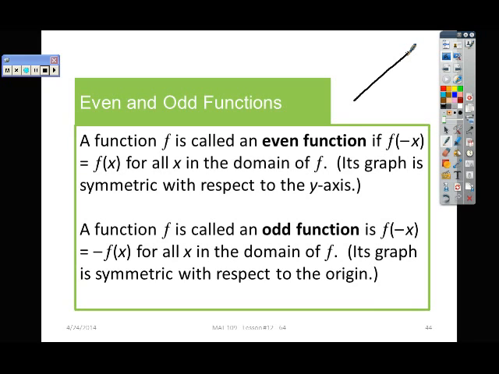X cubed is that. Both of those are symmetric with respect to the origin, but they're not symmetric with respect to either axis. X squared looks like that and is symmetric with respect to the y-axis. All the even numbered exponents are symmetric with respect to the y-axis. So odd functions have odd exponents, even functions have even exponents.